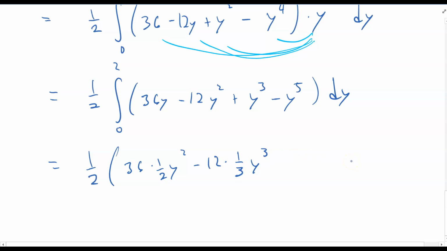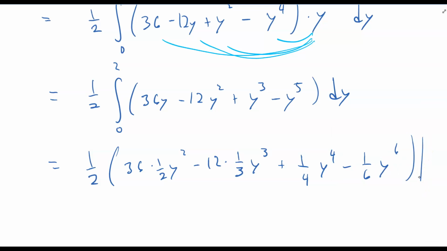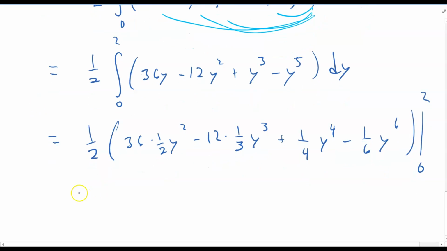Reversing the power rule here, increasing the exponent, and then multiplying by the reciprocal of that exponent, dividing by that new exponent. 1/4 y to the 4th minus 1/6 y to the 6th power. And then we need to evaluate by plugging in 2 for y and then 0 for y. Whenever we plug in 0, it's going to cancel everything out, so there's nothing to do there. Alright, I'm going to simplify this a little bit as we do the plug in.